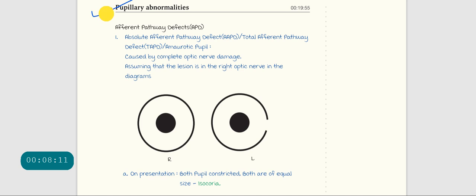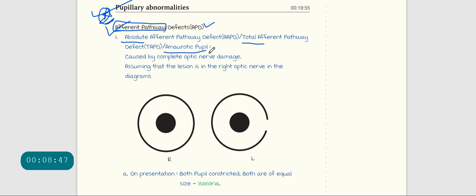What are the pupillary abnormalities associated? The first comes in the afferent pathway defect, or called APD. The first in the afferent pathway defects is the absolute afferent pathway defect, or you can say a total afferent pathway defect, or it could also be named as amaurotic pupil.